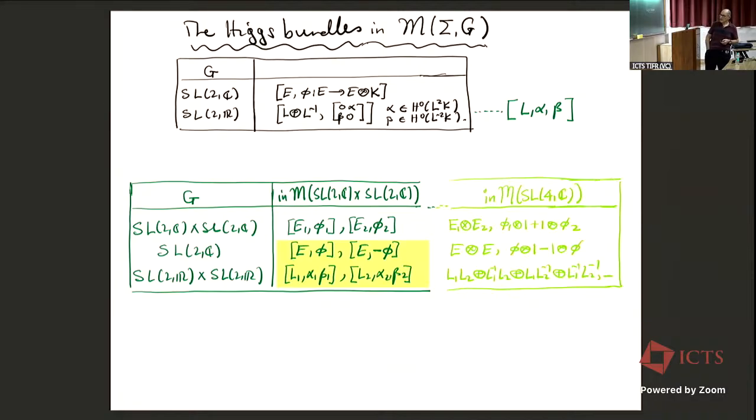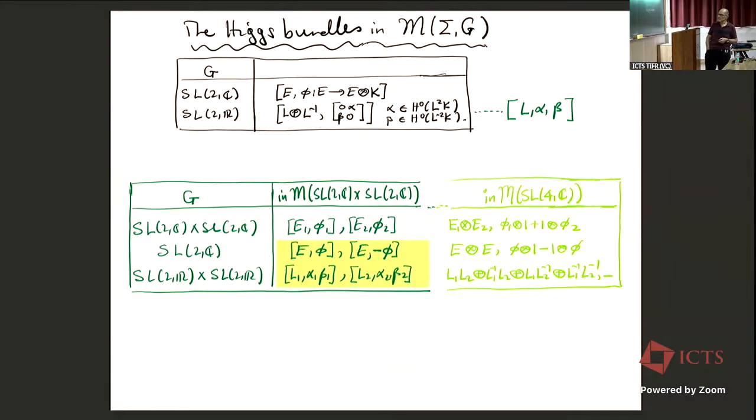In our space, our product of SL2C cross SL2C, the objects are now a pair of objects like that. The ones that correspond to the real form SL2C sitting inside there are the pairs where the two Higgs bundles differ just by the minus sign in the Higgs field.